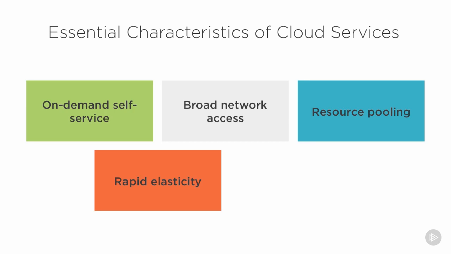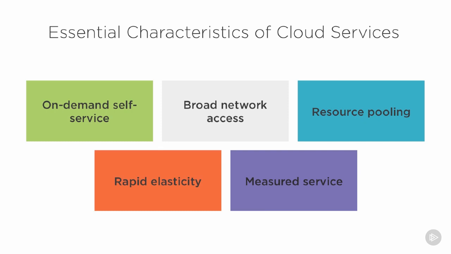We can easily adjust to changing business needs. And finally, one of the most important parts of cloud services is that you pay for what you use. It is a measured service, and so an organization using the cloud knows that they will be charged only for what they are currently using, not charged for all sorts of spare capacity that they might be holding on to in case they would need it on a peak day, for example.